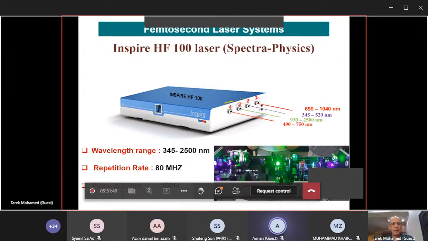This laser is mainly based on nonlinear optics, made by nonlinear optical crystals like OPO crystal and second harmonic generation and third harmonic generation crystals. So it's a very good one.